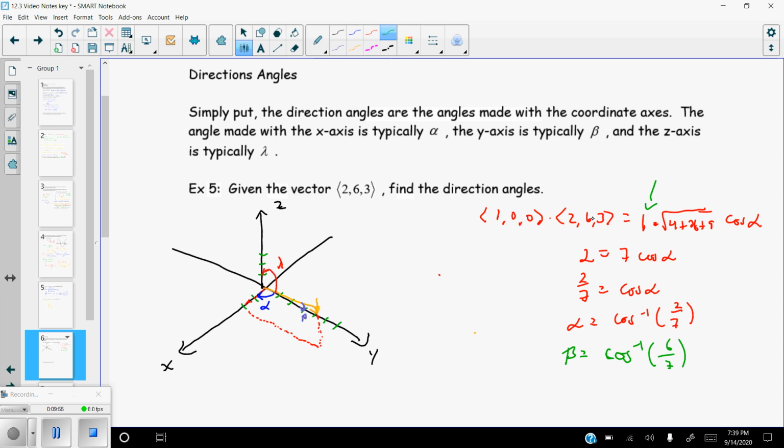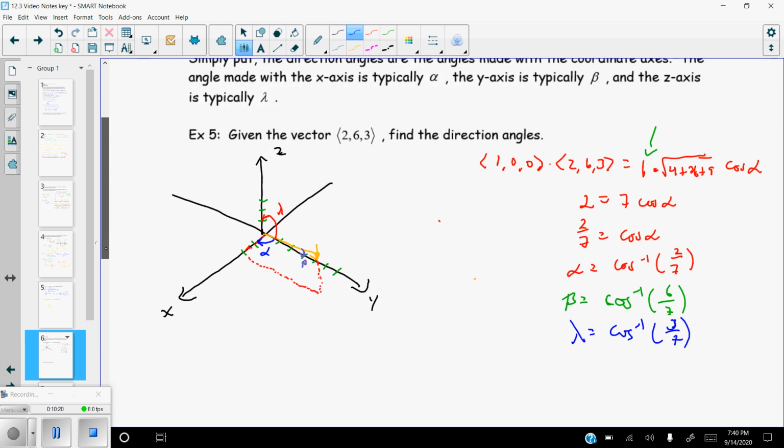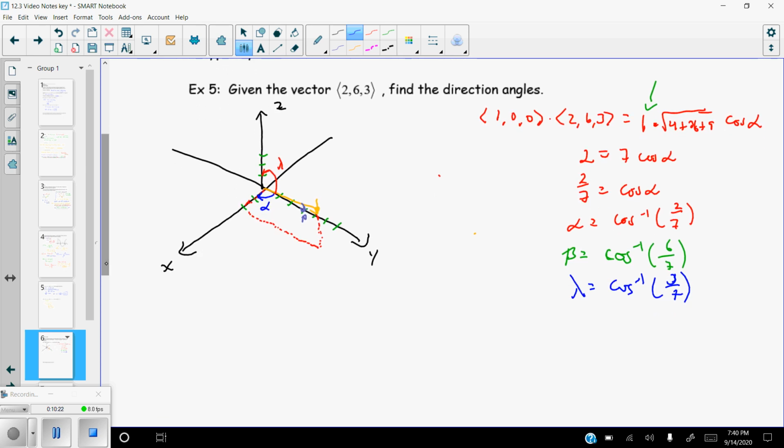So if you can piece that together, then you can figure out that gamma is going to be the inverse cosine, in this case, of the z component, which is 3, over the magnitude of the given vector, 3/7. I'm not worried about figuring out the actual decimal approximations. That's how you would find direction angles. The biggest thing there is a direction angle, once again, is an angle which is made with the specific axes.